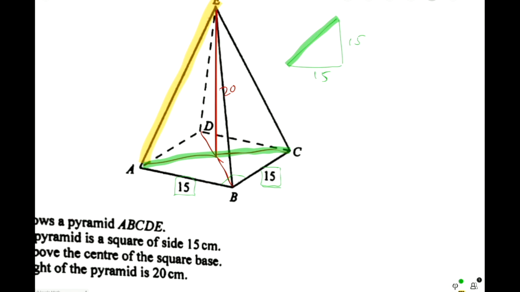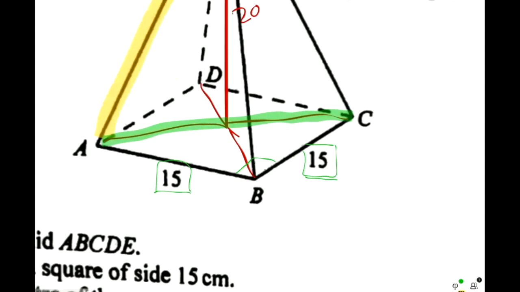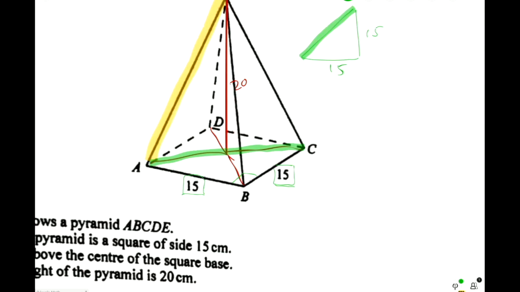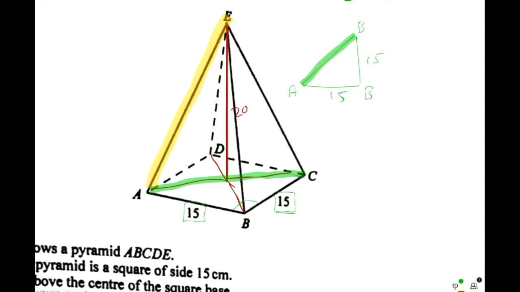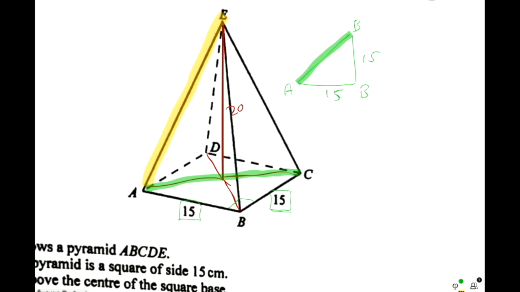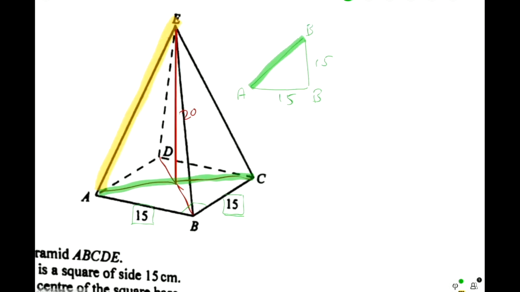That means just this ABC. So how to find the shaded green color thing? We take AB squared equals to 15 squared plus 15 squared.